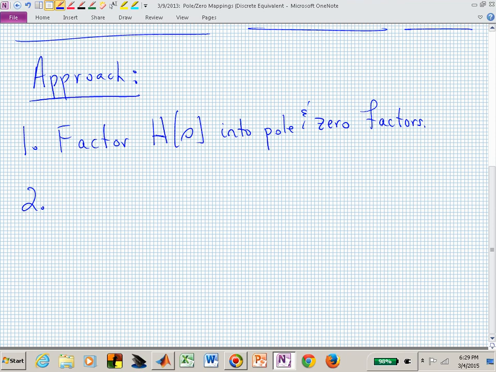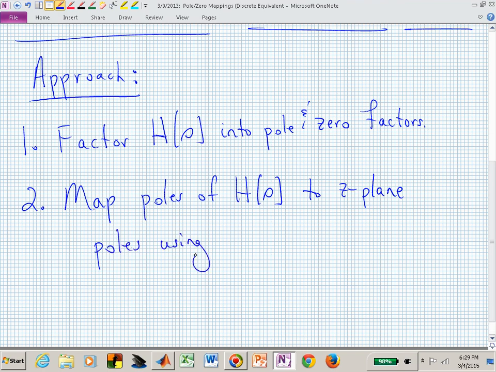Then we start with that 3-step process that I had before. First, we'll map the poles of the continuous time transfer function, h of s, to corresponding pole locations in the z-plane, so to z-plane poles, using z is equal to e to the st.